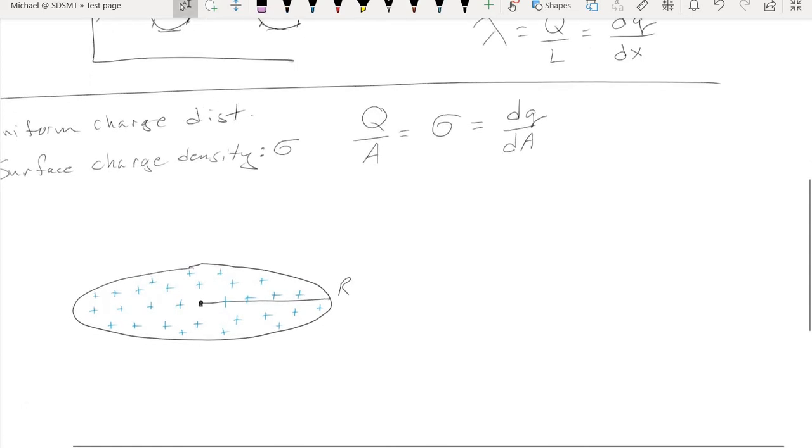So if I were to come in here and just take a sample of this disk, the ratio of charge to the area that I sampled has to equal the same ratio as the total charge that was spread out over that disk.